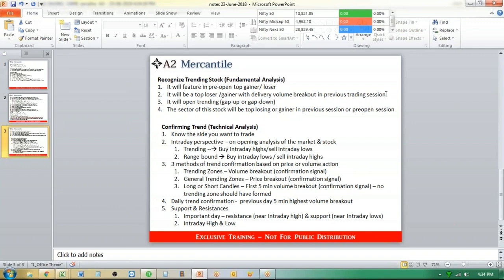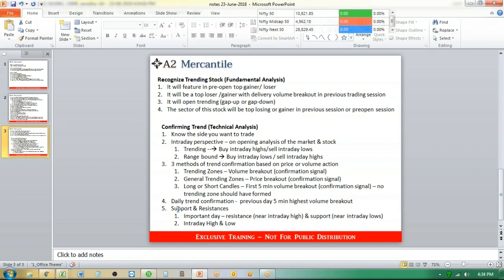Sir, thank you. In the three methods, can we work in 3 minute candles also? Trending zone, long and short candle also: you can work with 1 minute or 3 minute, no problem.